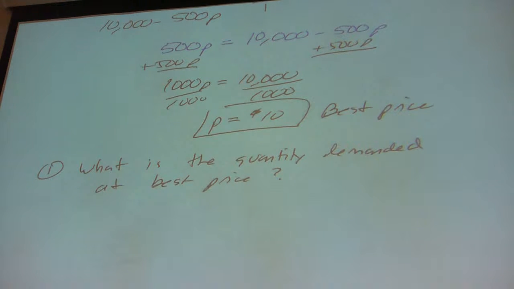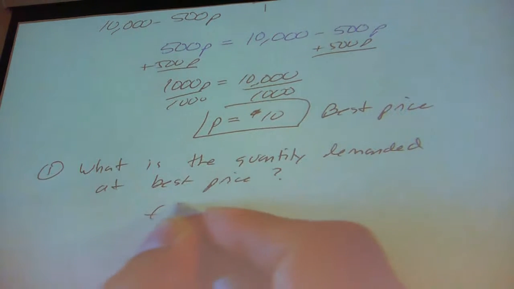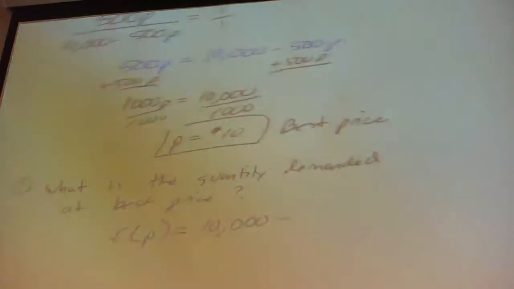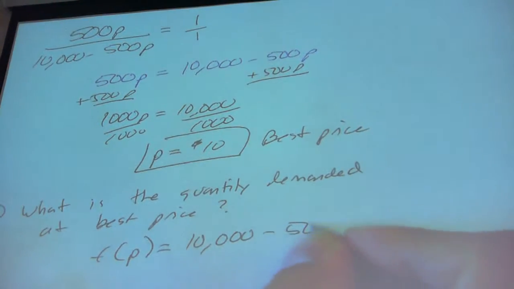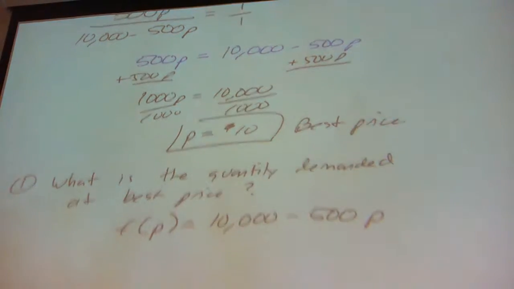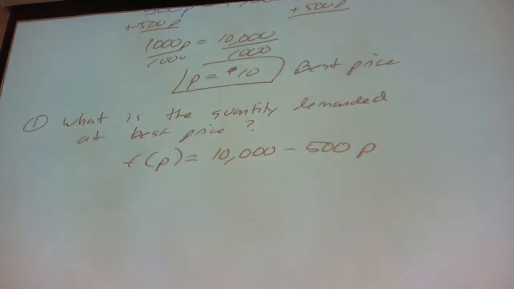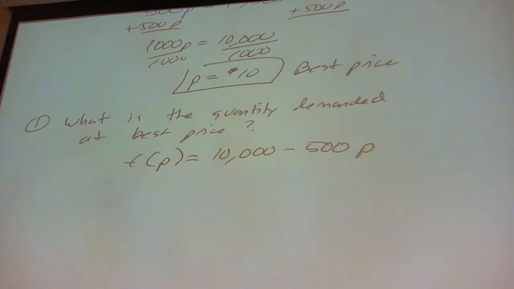Where would I find that answer? Would I plug it back into the elasticity of demand? Nope, that's going to give me 1. Where would I plug it into? The original function. Remember, the original function tells me quantity demanded. All I need to figure out is the best price.